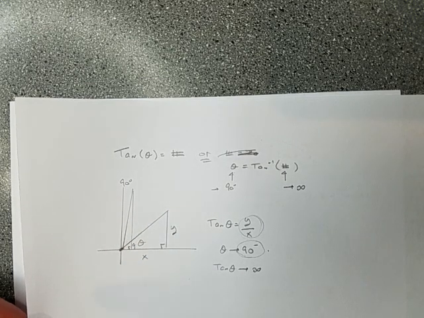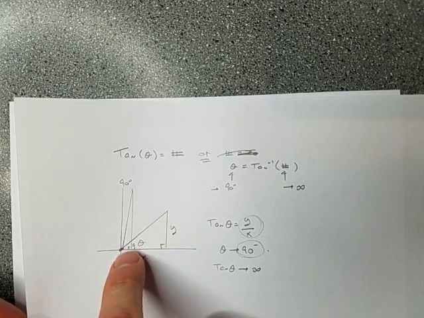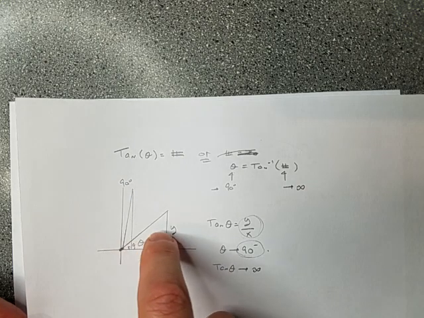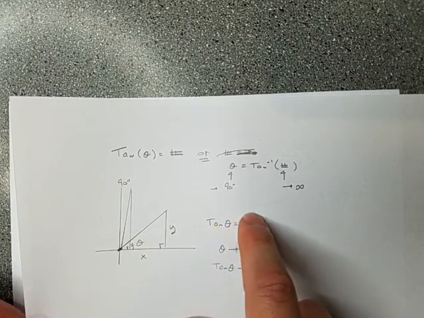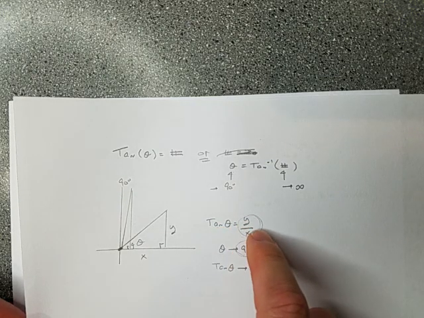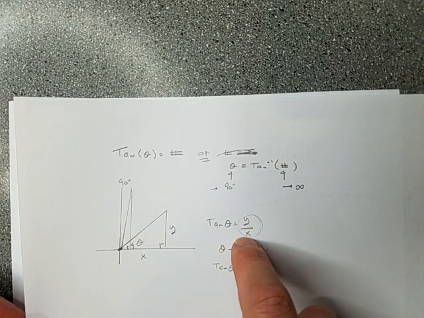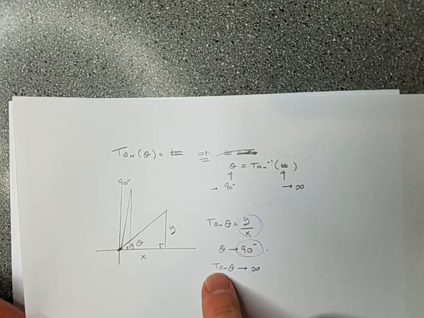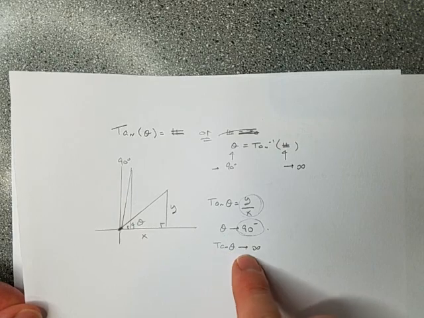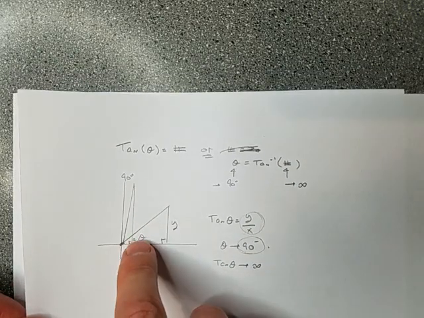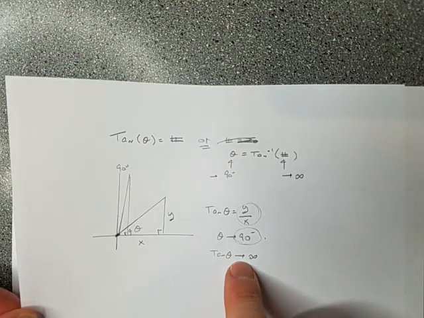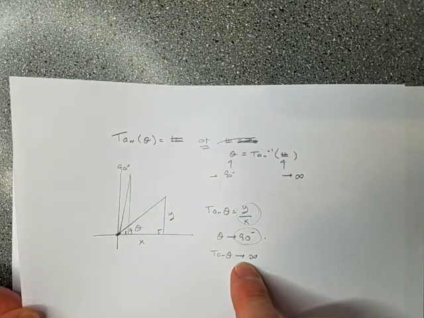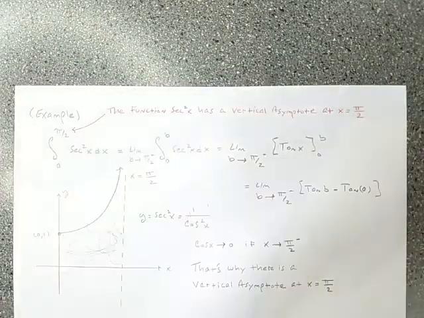How's the triangle going to morph? The x side is going to become much smaller, and the y side will become much bigger by comparison. And if tangent is y over x, y getting bigger, x going to 0, that's going to cause tangent of the angle to go to infinity. So the closer that angle pushes to 90, the larger the tangent of the angle gets. It goes to infinity, all right?